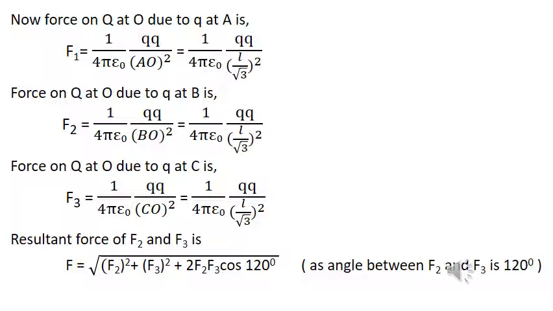Now using the vector law of addition, the parallelogram law, to find out the resultant of F2 and F3, we get F is equal to under root F2 square plus F3 square plus 2 F2 F3 cos 120 degree, where 120 degree is the angle between F2 and F3.